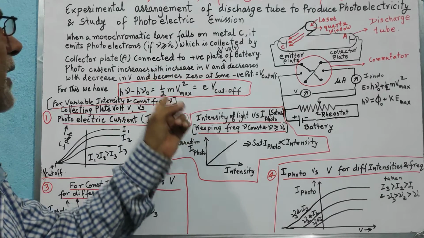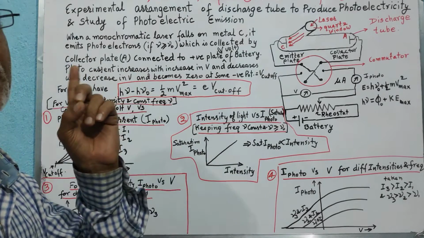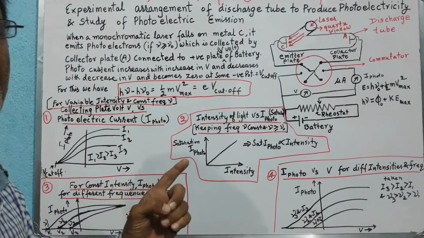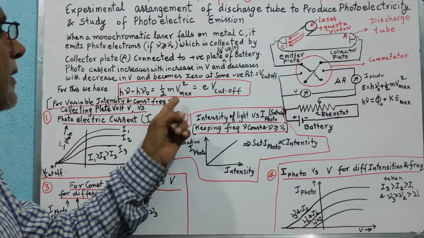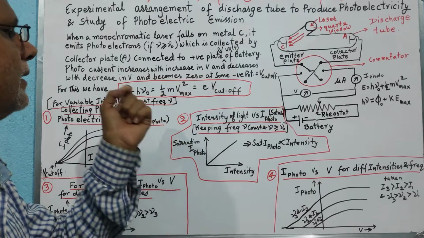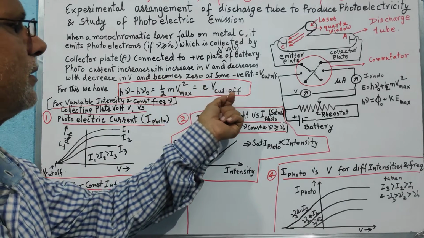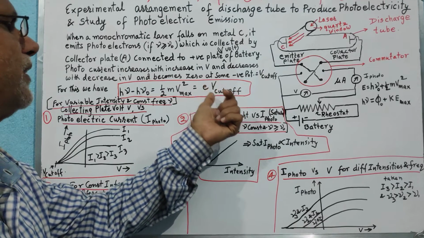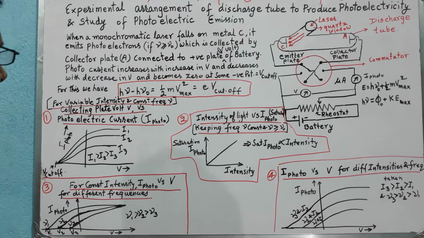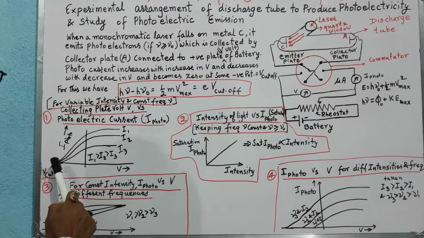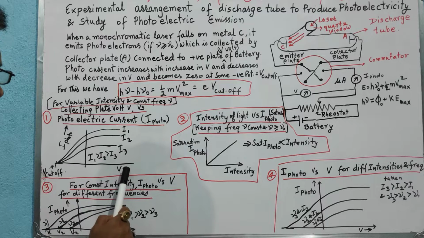For a given metal and a given incident frequency, the maximum kinetic energy is fixed, and for that fixed kinetic energy, the cutoff potential will also be fixed, because the charge on the electron is always constant. And so here we have the photocurrent versus potential graph.